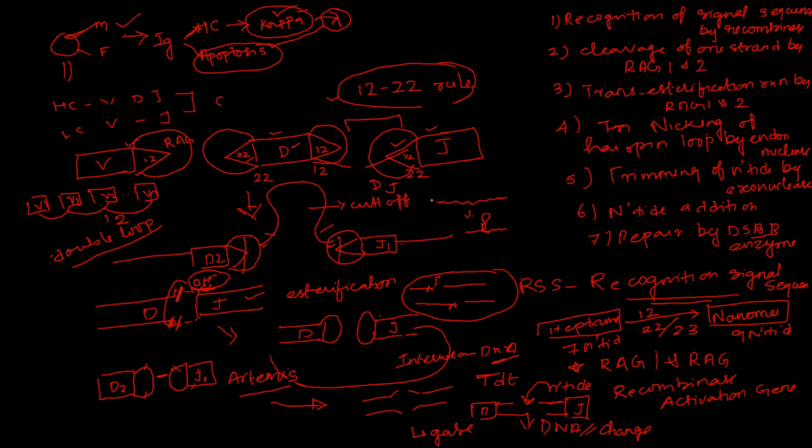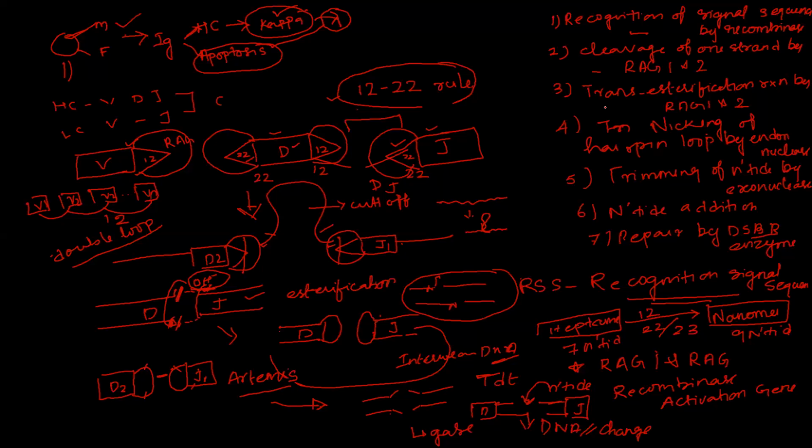Similarly, the same process happens once these two get joined. It is going to go and join with the V region, and the same thing is going to repeat itself. So as I mentioned, the initial stage is the recognition of signal sequences. Then RAG1 and RAG2 are going to cleave.